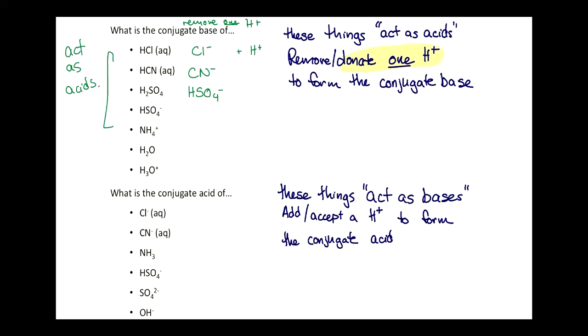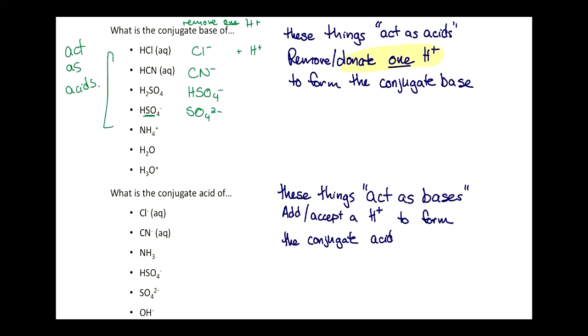Yeah, so the next thing can also act as an acid. So let's rip off another proton. What if this substance acts as an acid? The conjugate base we get left over is SO4, but what's the charge? 2 minus, yes. So sulfuric acid actually has 2 protons it can take off.